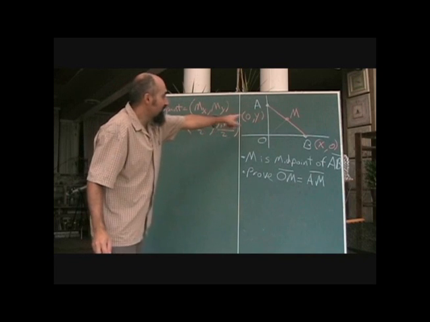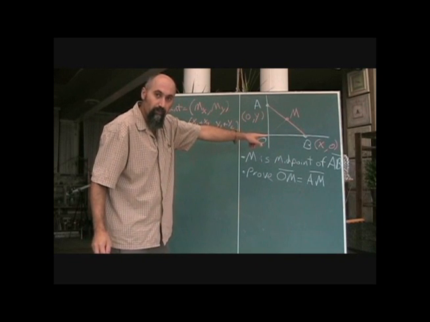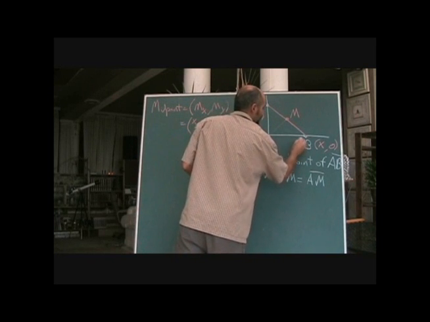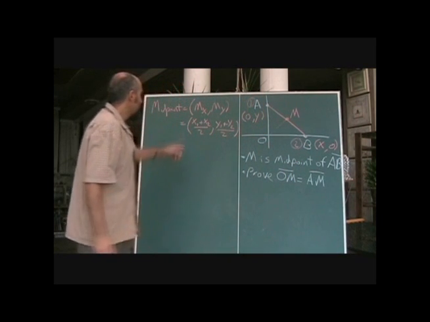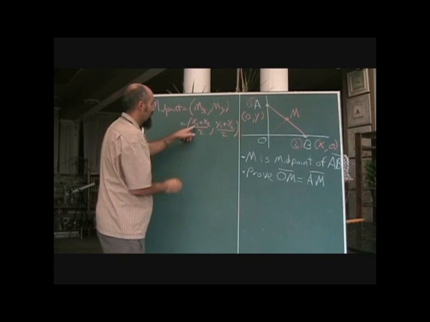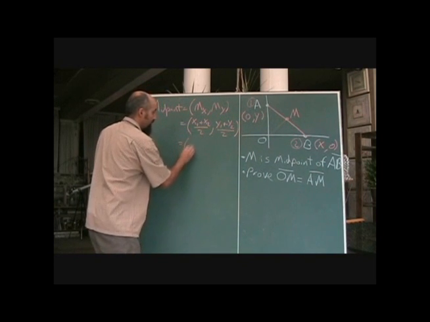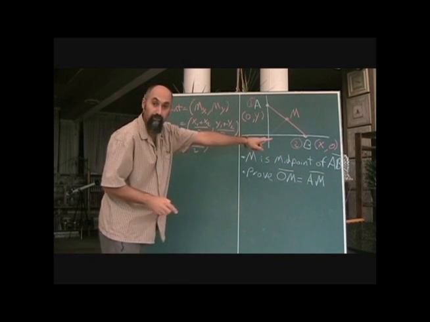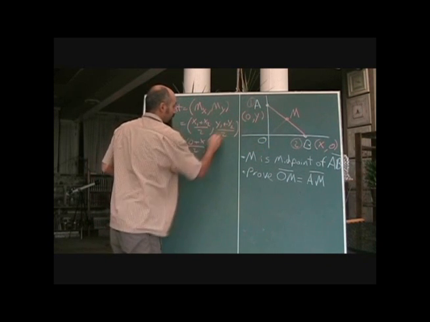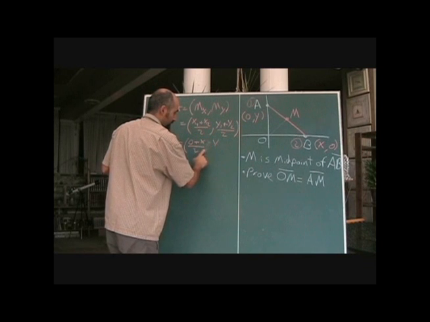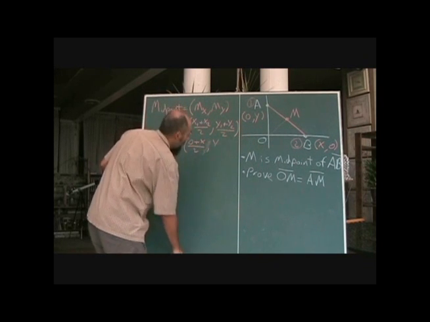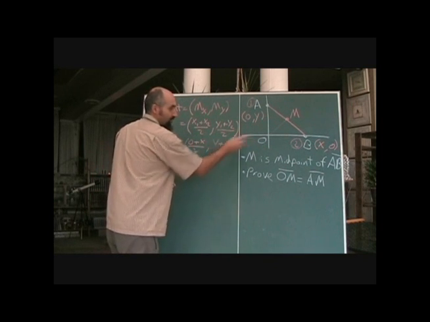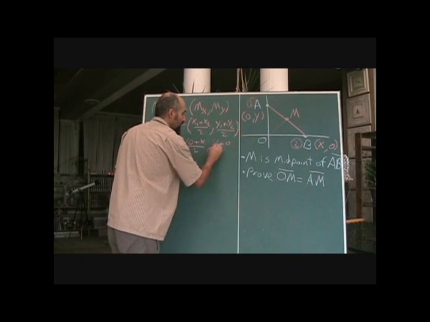We haven't decided which one's going to be our first point and which one's going to be our second, so we're just going to decide it right now. We're going to call this one our first point and this one our second point. So x1 is 0, plus x over 2, because x is our x2. y1 is just y, plus y2, which is 0, over 2.